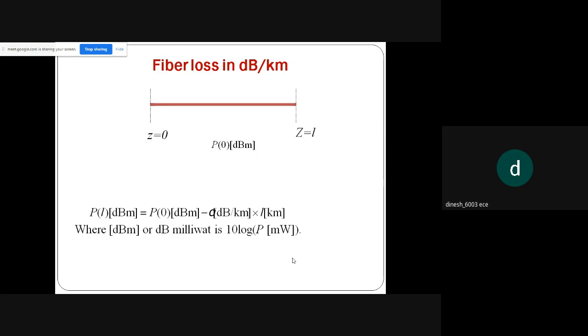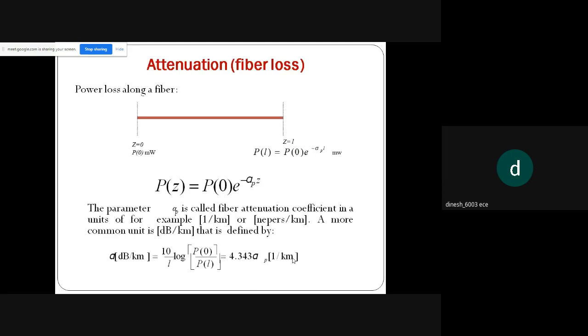Next is fiber loss in decibels per kilometer, which we had found. The representations are in decibels per meter or decibels per kilometer.